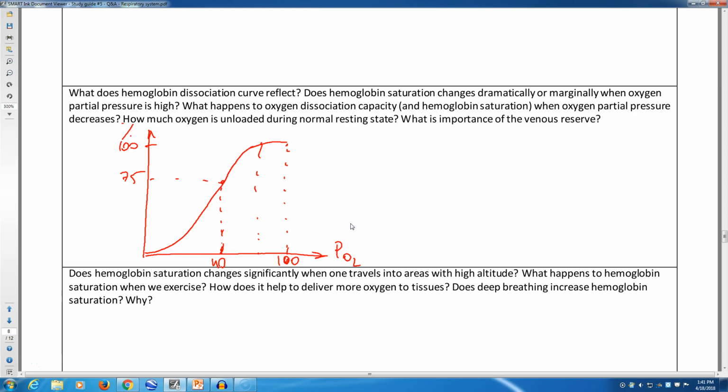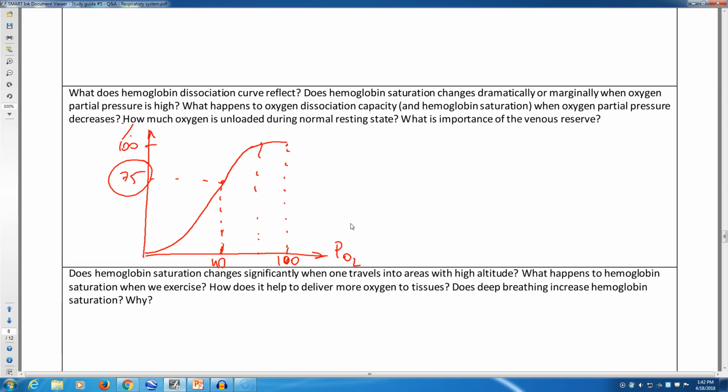Where does 25% go? No, just into tissue. Because think about this. When oxygen pressure drops that much, this is what's left. This is what hemoglobin cannot give at this pressure. That's what's left.